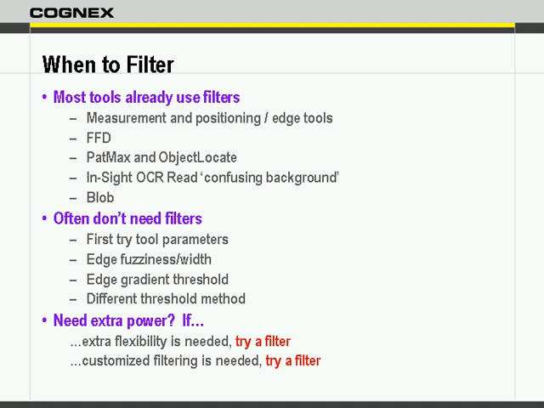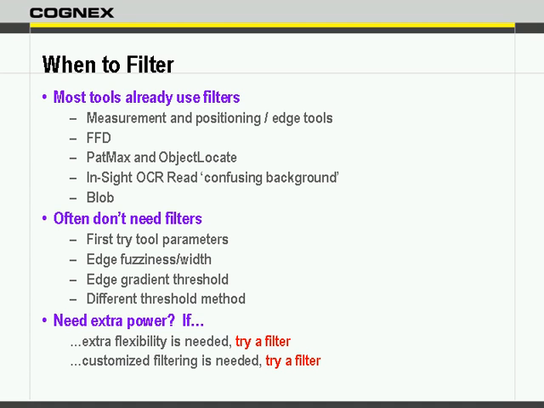So a final note as we get to the end of these slides is, when do you want to filter? A lot of people try to tackle a filter, or I should say implement a filter, right away when they see something bad in their image. So there are two things I want to point out regarding that.